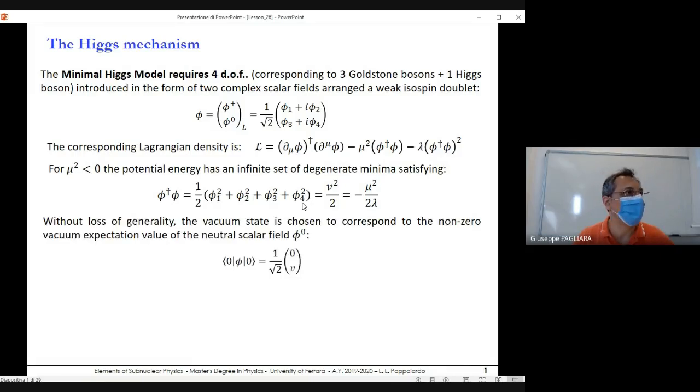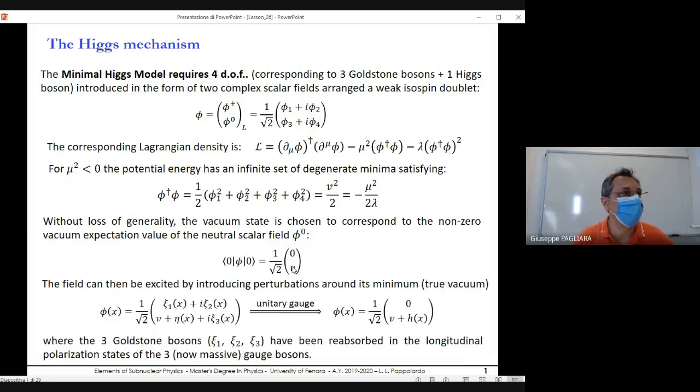Now, the field has to choose its own physical vacuum state among all the infinite possibilities. Once it does so, the symmetry is broken spontaneously, okay? And so at the end, the field just chooses one of the possible vacuum states. Without loss of generality, let us take the vacuum state, okay, where essentially the upper part of the doublet is vanishing, and the vacuum corresponds to the lower part. Okay?